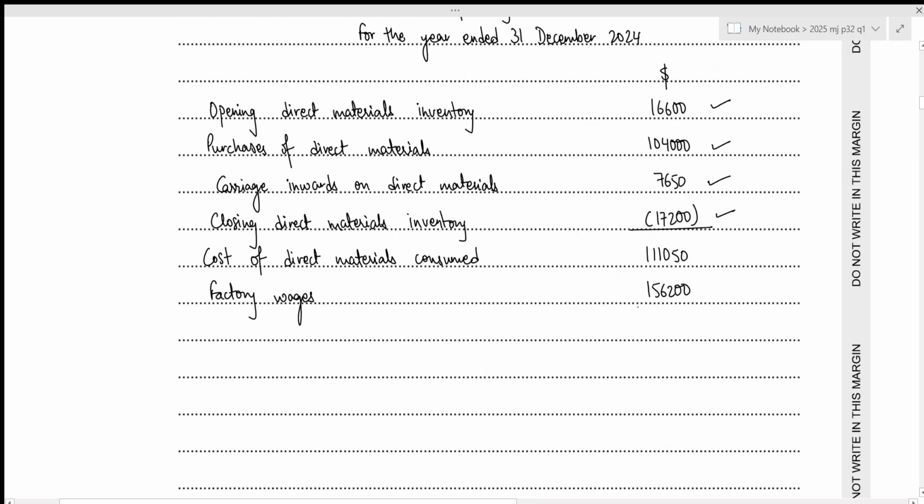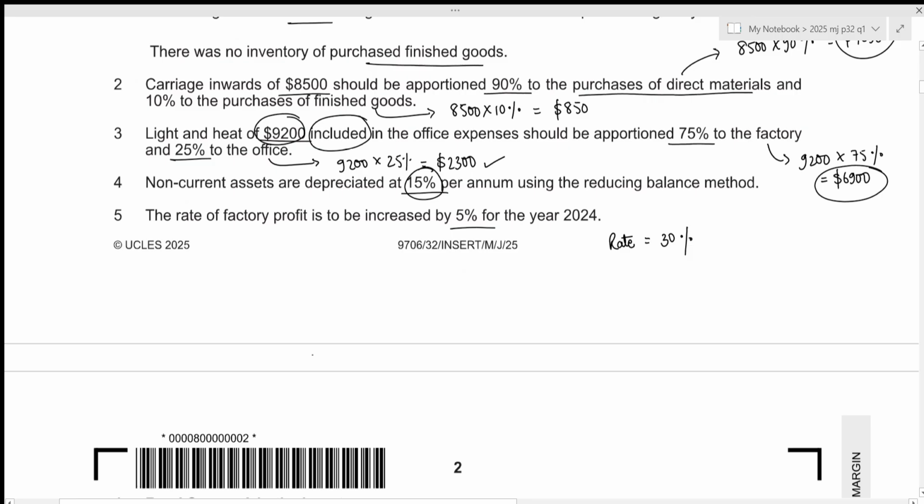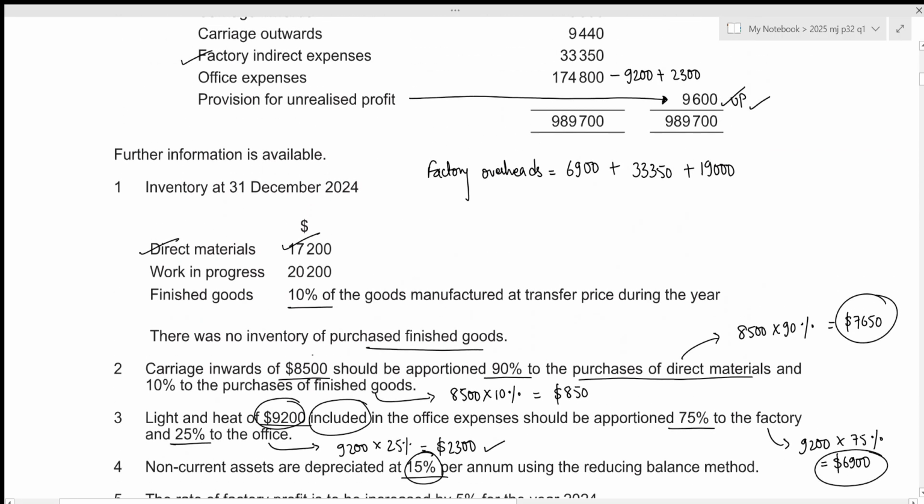And now we need to add up our direct costs and label it as our prime cost. So that's 111,050 plus 156,200, which results in 267,250. Now we will include factory overheads, the total factory overheads. You can choose to list down the individual values as well, but I find it easier to do it this way.